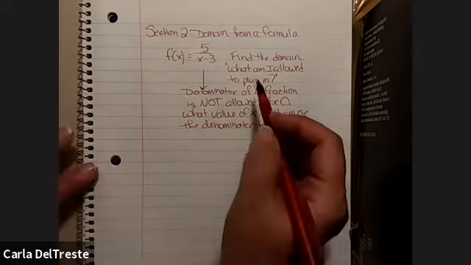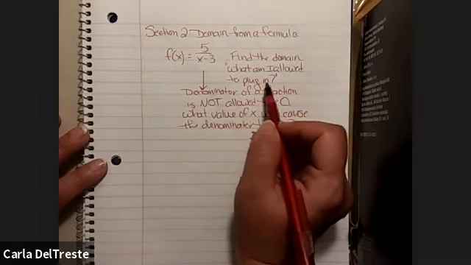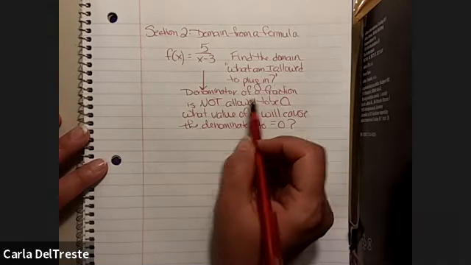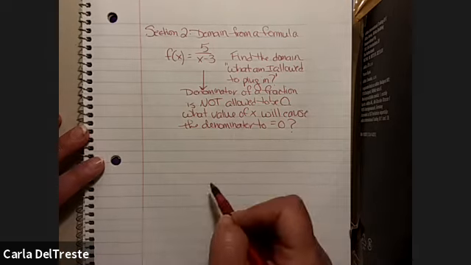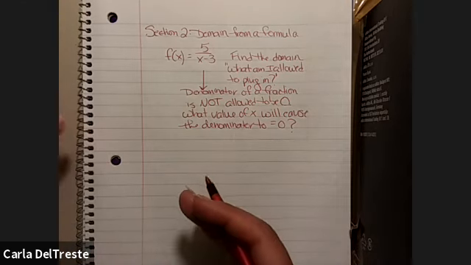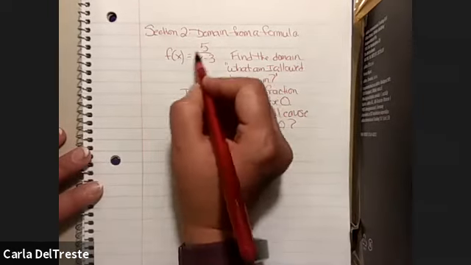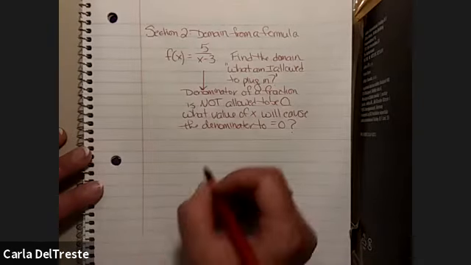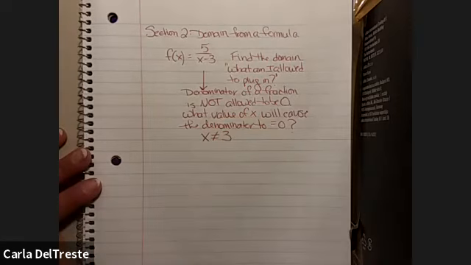So look at how this progressed in our own minds. What am I allowed to plug in? The denominator of a fraction is not allowed to be 0. So what value of x causes the denominator to equal 0? Because that's what's going to be restricted. Well, if x minus 3 equals 0, that means that x is not allowed to be 3.